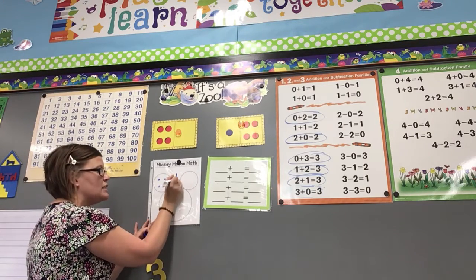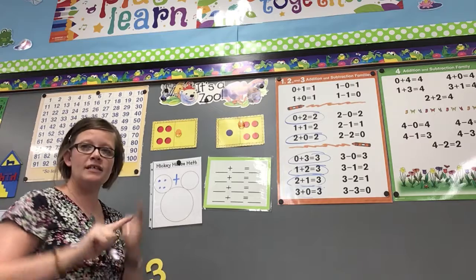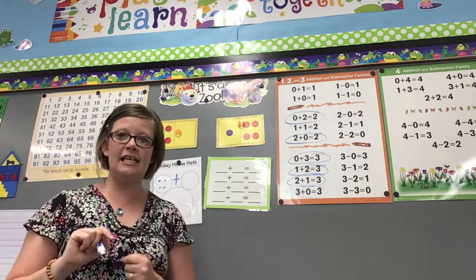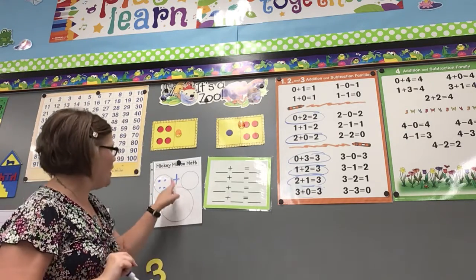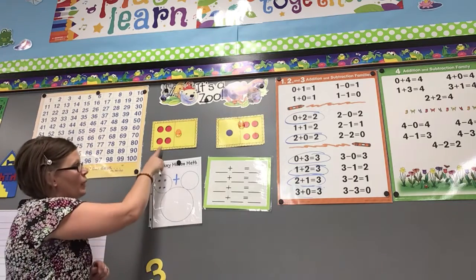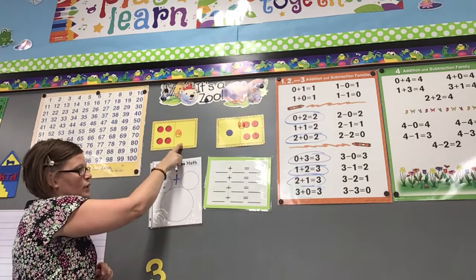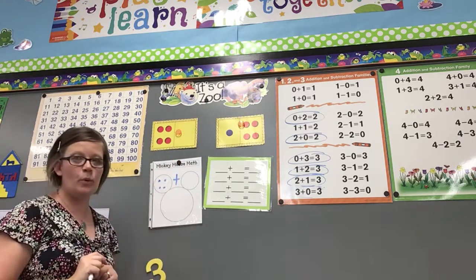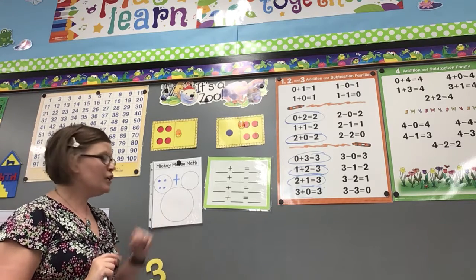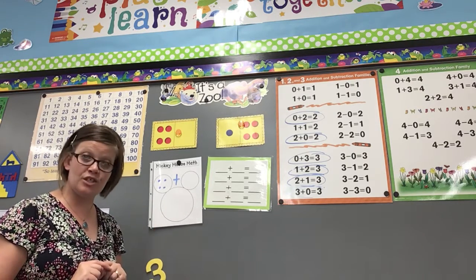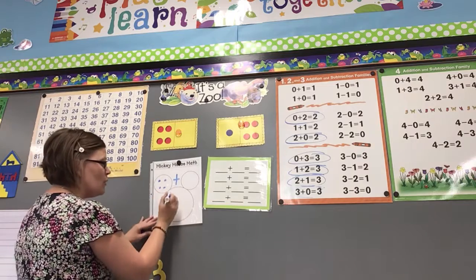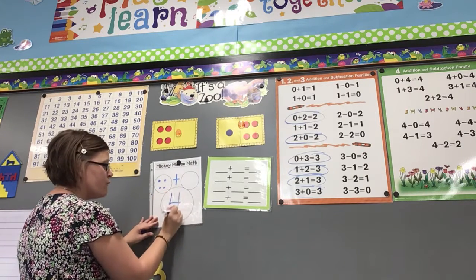I like to call it a teeny tiny T, because that's what it looks like, right between the 2 ears. Now my dot cards are 4 plus 0, so we are not going to write any in the right ear. And down here, we're going to write the number answer. 4 plus 0 equals 4.